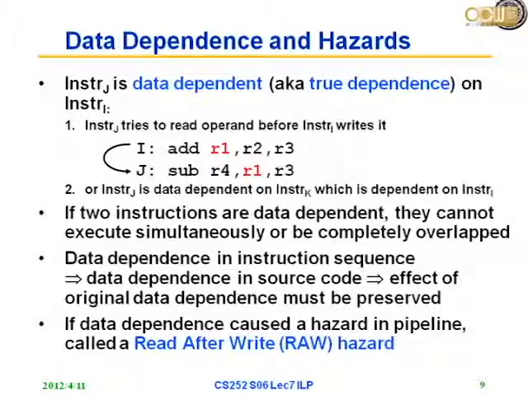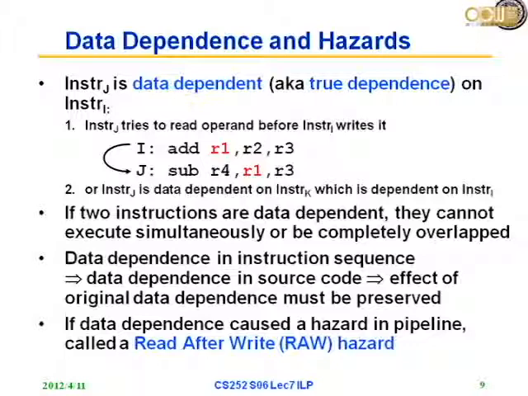Remember, our CPUs will scramble your machine code and execute it in some unknown order. So this instruction sequence means the execution sequence.